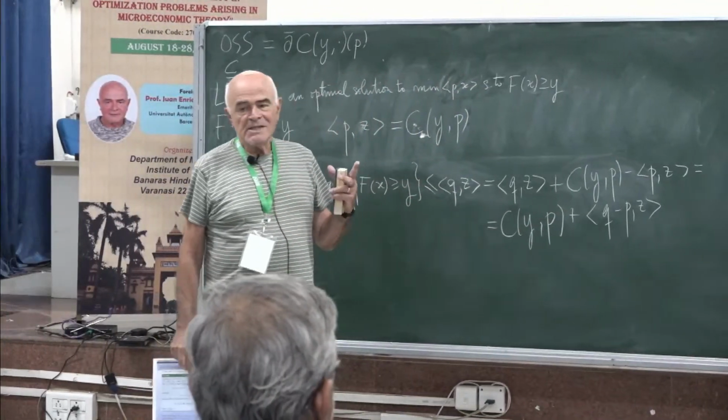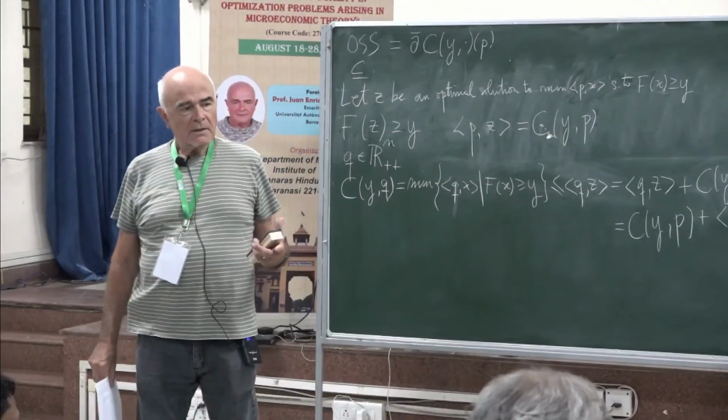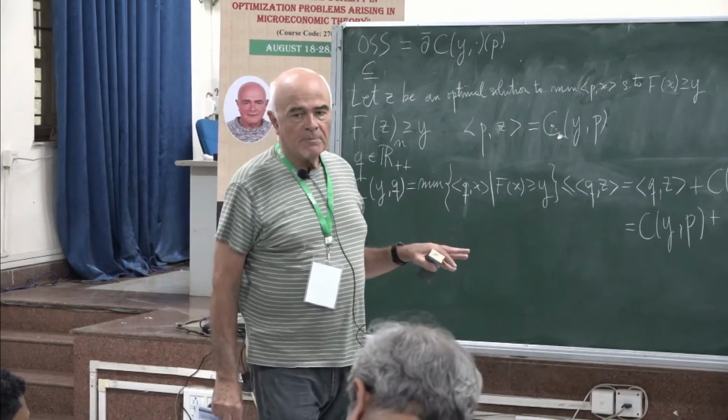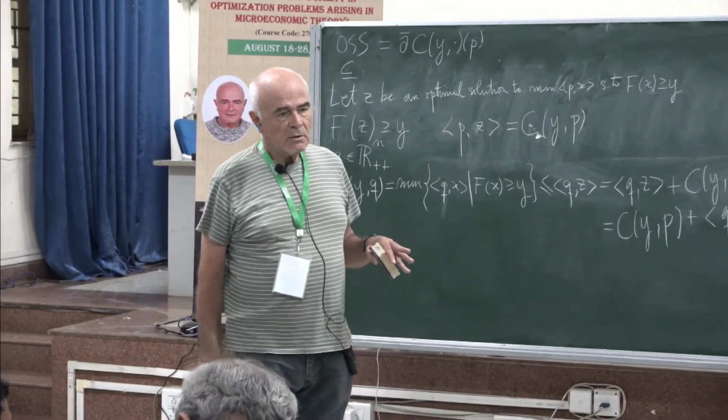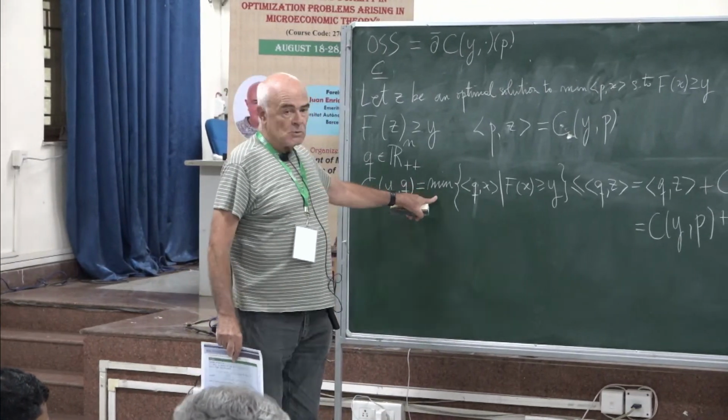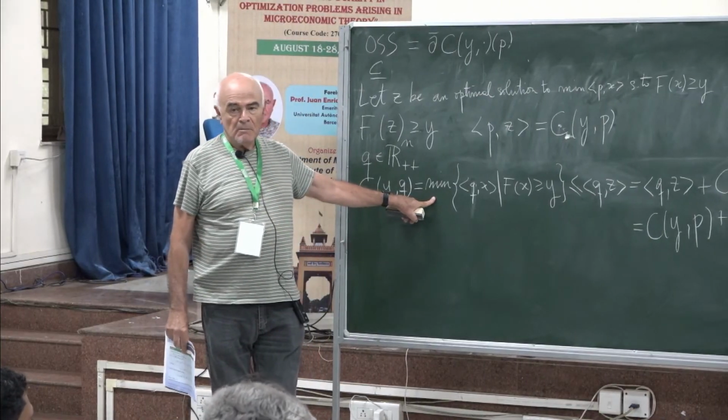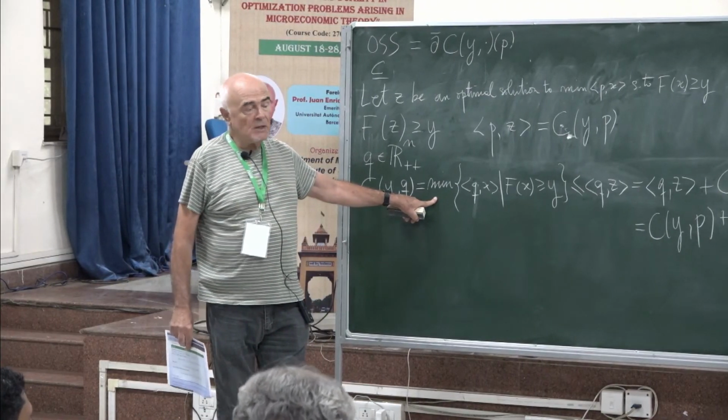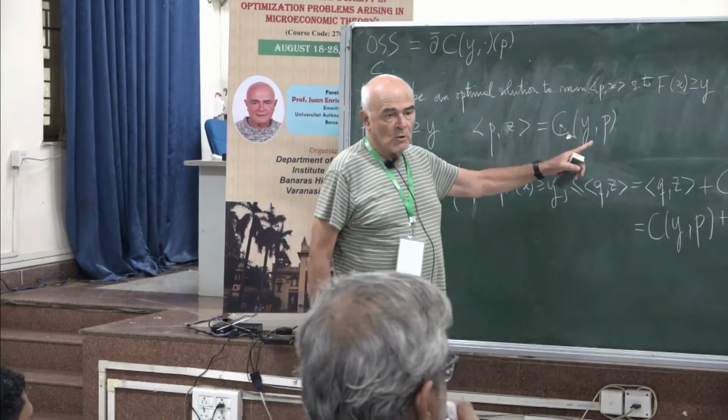We decided from the very beginning that our production function will always be upper semi-continuous, because this allows us to write here minimum. But even if we have infimum instead of minimum, all the argument goes through.